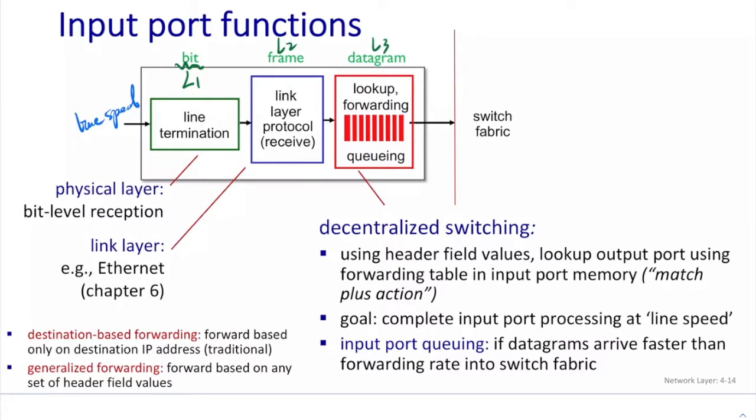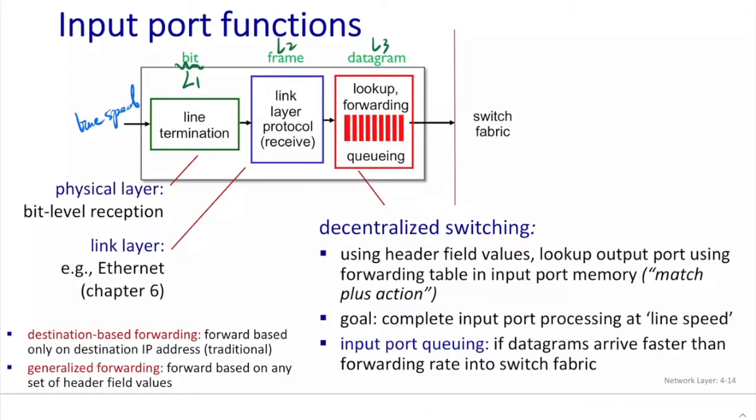So the processing, including the blue one, the green one and the red one, should be very close to the line speed. Otherwise, the queue might be full. Input port queuing: if datagrams arrive faster than the forwarding rate into the switch fabric, then the queue size increases. That is very straightforward, right?